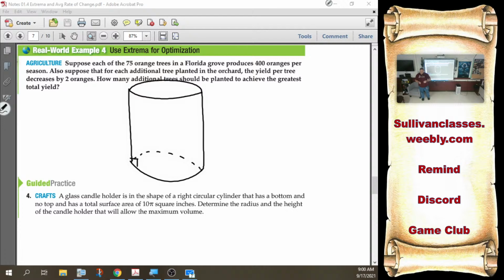They make them. So, right means base perpendicular to length, or height in this case. Cylinder, circle at bottom all the way through top. Okay, don't say it. Has a total surface area of 10 pi square inches.